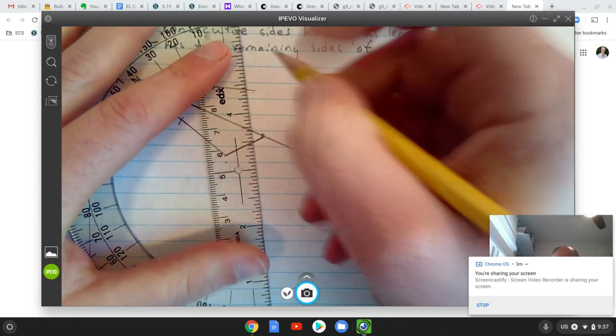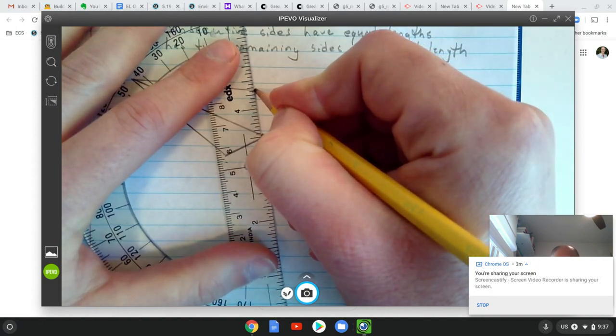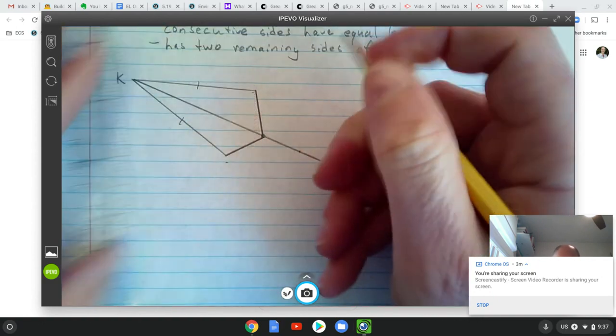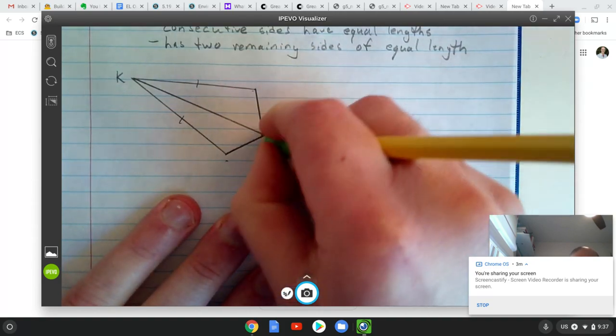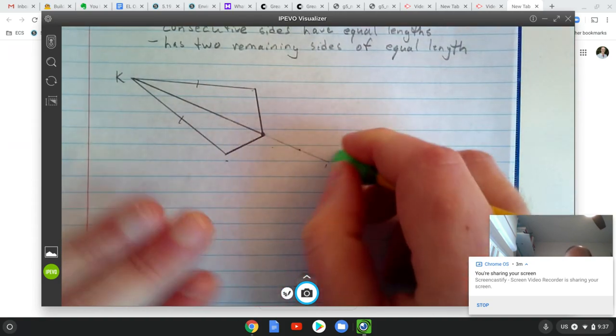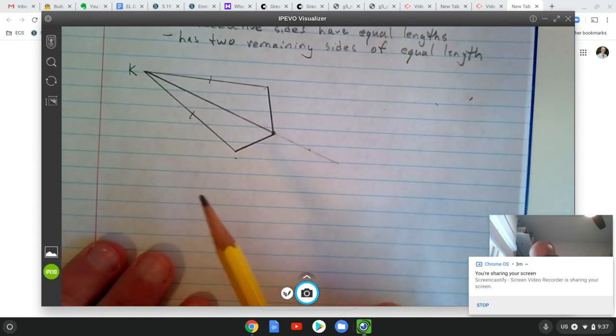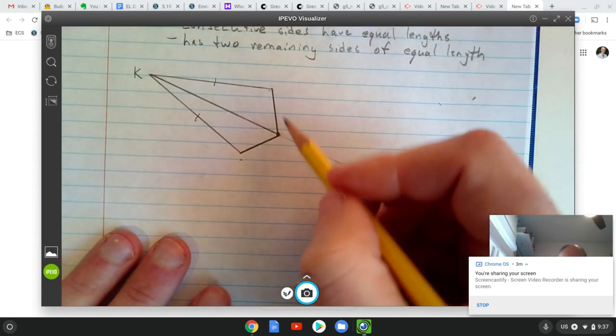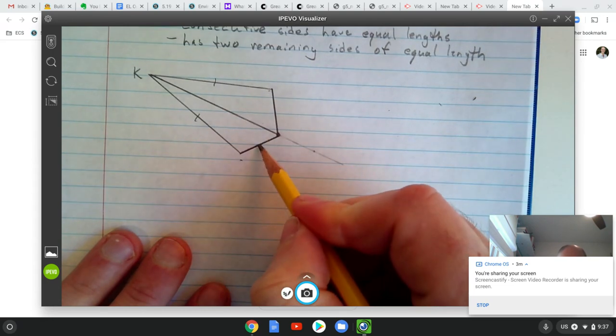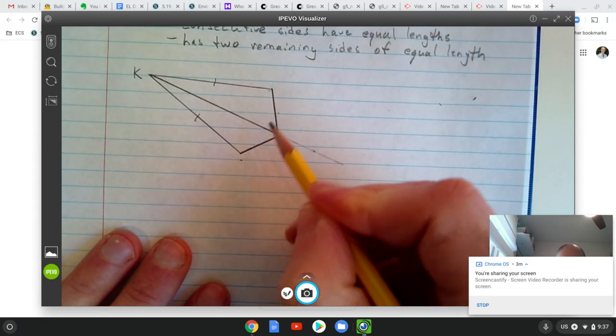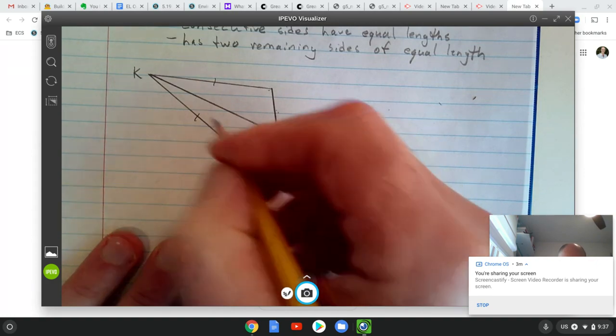Actually, really cool. Really like making kites. That's kind of cool. Okay, so that's a kite, and you can kind of guess just from looking at the way that we've done, or kind of thinking about these, that this line segment and this line segment are going to be the same.